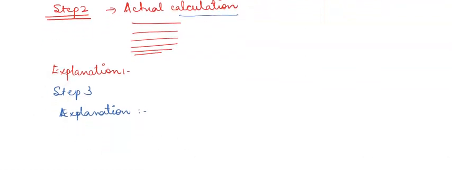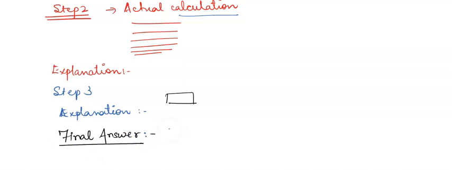After completion of the theory or the calculation, you will get a final answer. So in the last, you have to put the final answer. To put this final answer, you have to use appropriate sentence forming.